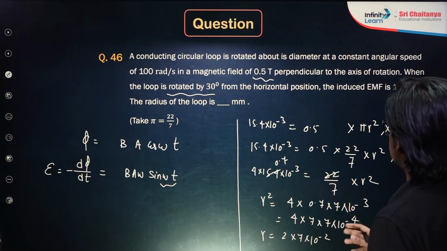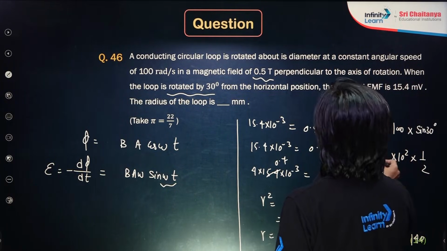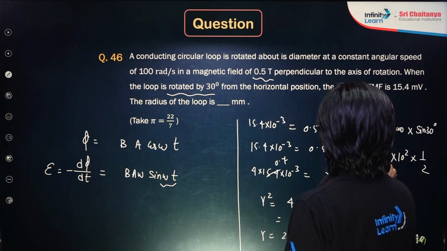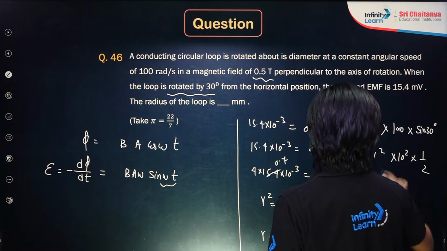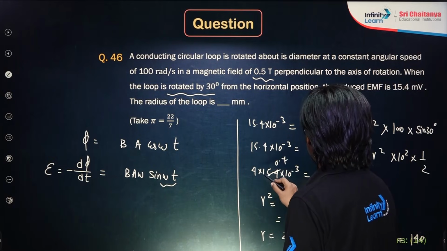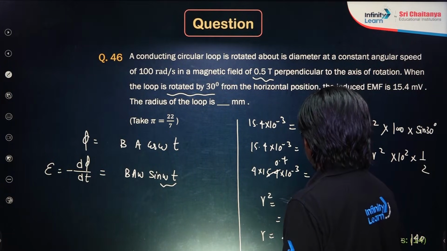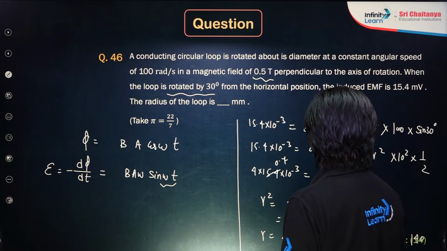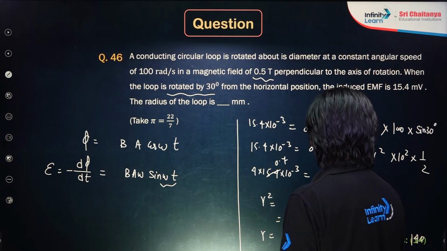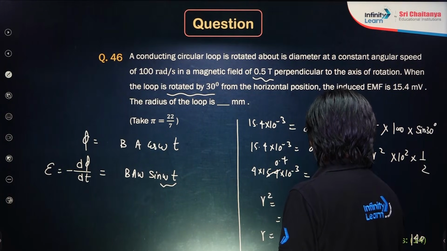Just 1 second, let me check somewhere. 15.4, this is 0.5 Tesla pi r square. Okay, r square into 10 raised to the power 2 into sine 30 degree. So 4 into 22 into 0.7. Okay, so 4 into 0.7 into 10 raised to the power minus 3 into 7. That I am writing correctly. 7 into 7, then 2 into 7 into 10 raised to the power minus 2.